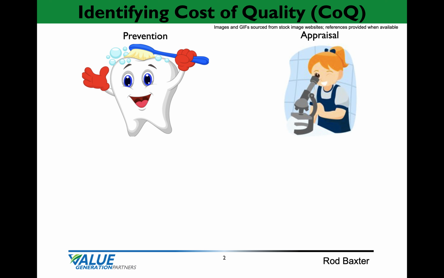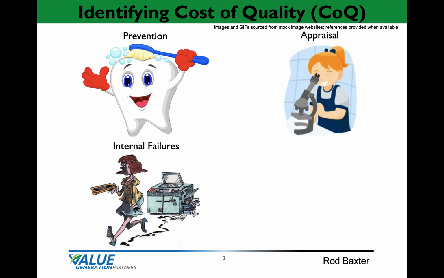We don't mind investing money into this quality cost, but prevention would be our prime investment. Then there's internal failures. We don't want to invest money in internal failures. These are activities associated with a product or service that doesn't meet the customer's standards or requirements, but it's prior to delivery, so we caught it in-house. It didn't make it to the customer.